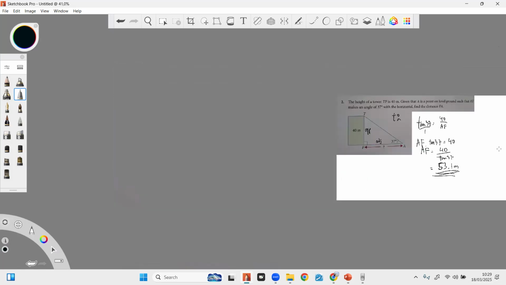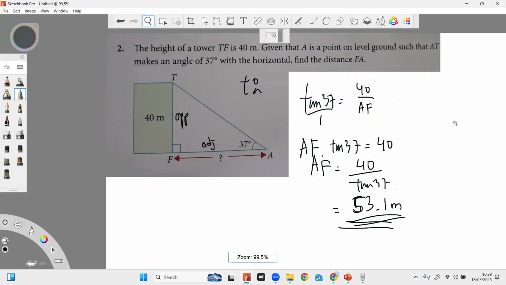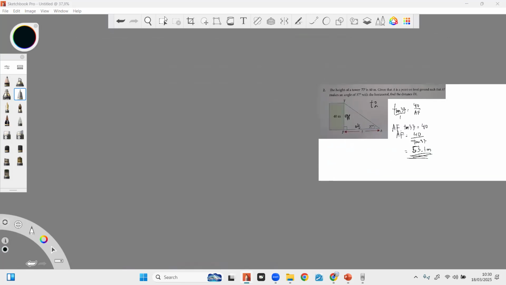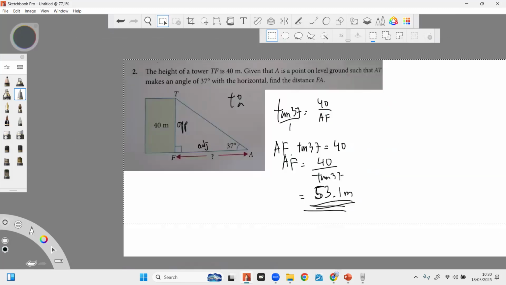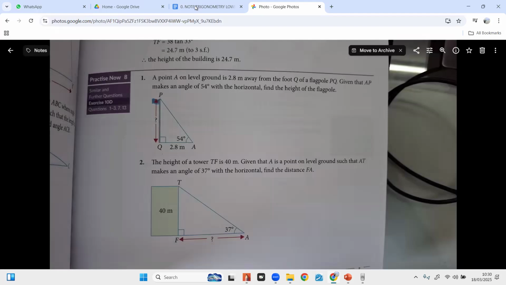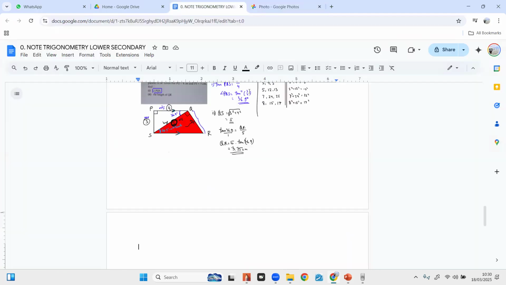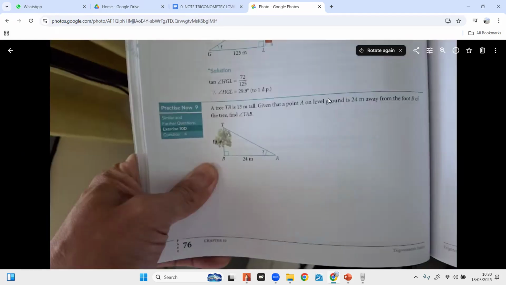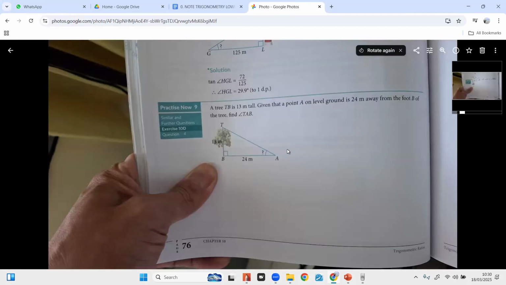Okay, good. Next, number one, you might do it by yourself. We focus on the harder question. Let's see the harder question, guys. Number one, skip. We are finding opposite adjacent, tan also here. Oh my goodness, no. It's too easy, right?